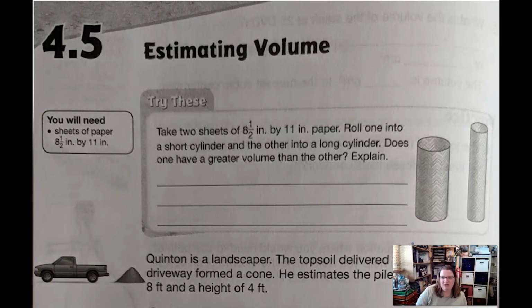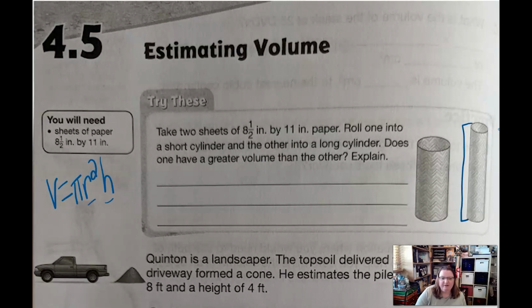And when you think about your formula, remember the formula for volume is volume equals pi radius squared height. Based on the dimensions you have, will one have a greater volume than the other? Your height is going to be a little bit longer in one.